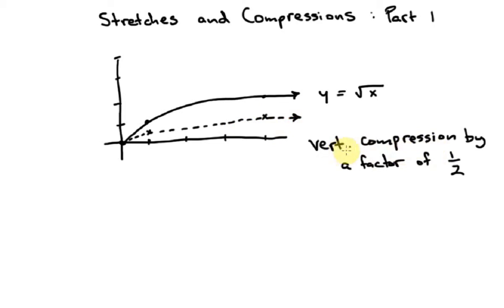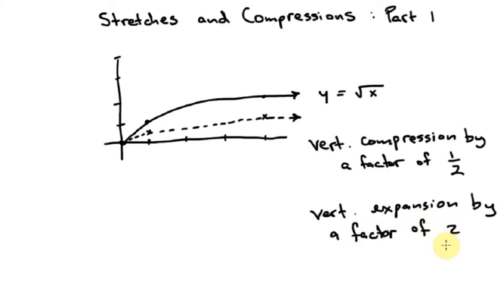Now, very similar, what if I wanted to do a vertical expansion, again by a factor of, and keep it simple, 2? What does that even mean? It means I want to make my vertical distances twice as big.